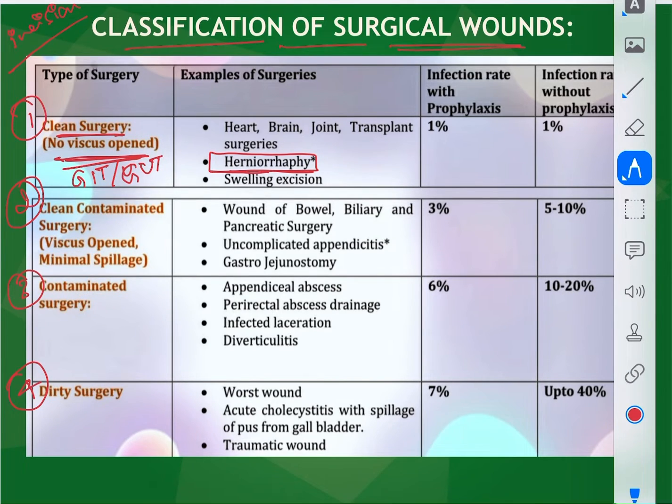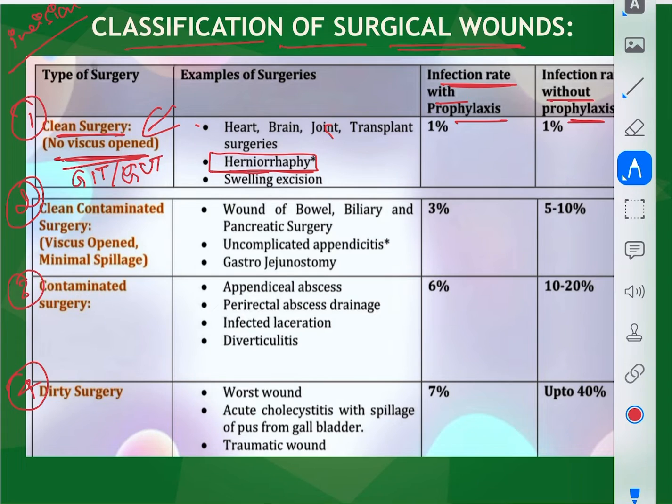What is the importance of knowing what sort of surgery it is? This is because we need to know the infection rate with prophylaxis and without prophylaxis.